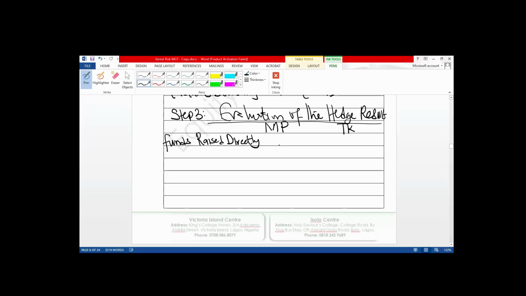MP borrows directly. Let me take TK first. I have TK, I have MP, directly, 0.5%. That is the borrowing cost.